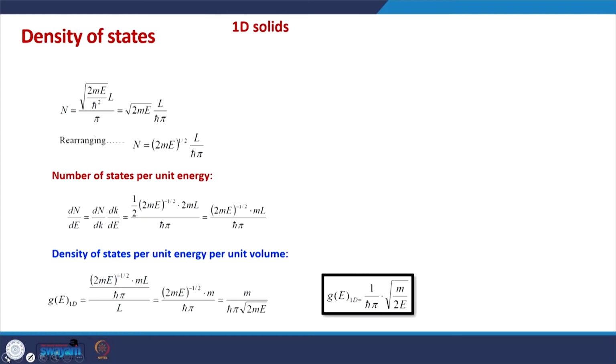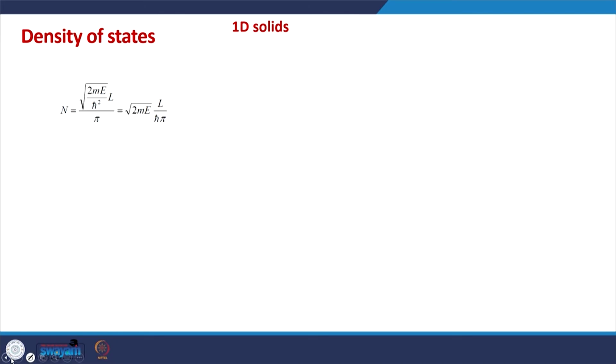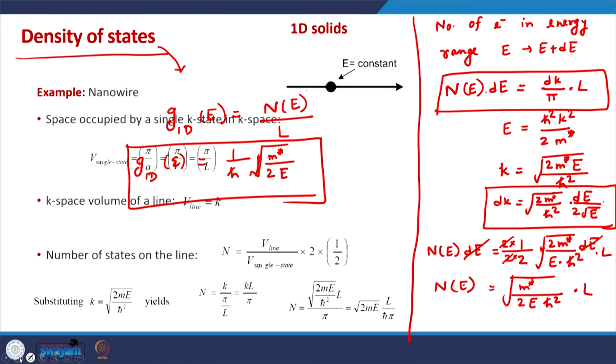Okay. And you might have quickly noticed it, there is a factor of pi as well there, which we missed here. So, dk, yes, there is a factor of pi in the denominator which would come from here. So, 1 by pi, and it would be ultimately 1 by pi.